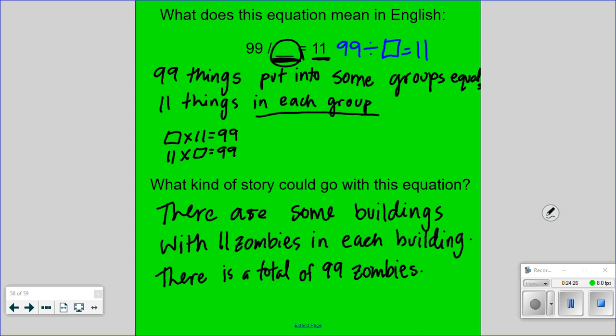How many buildings are there? Awesome. Jackson made it so we didn't know our number of buildings. I did know how many zombies were in each building, each group. That's my 11. And I knew my total, which in this case was 99.